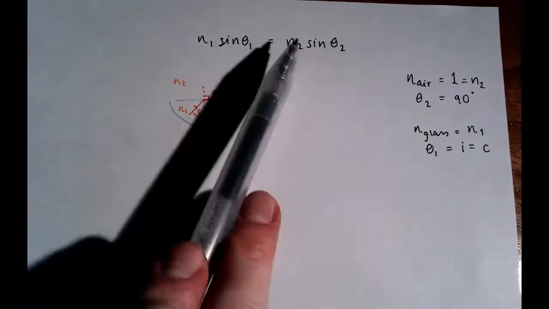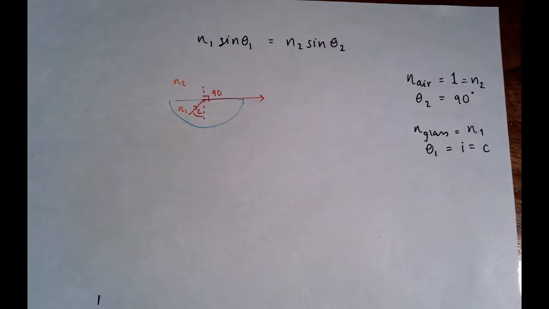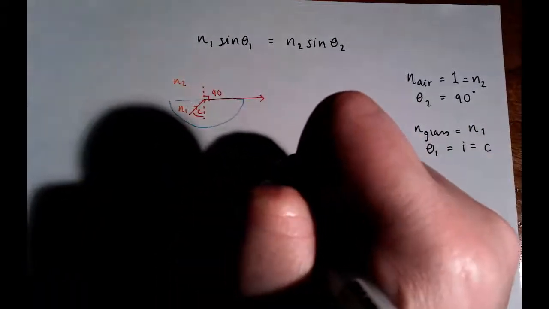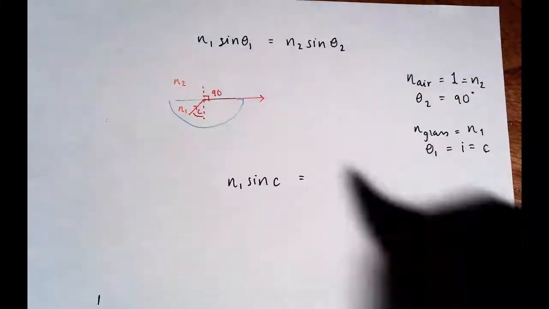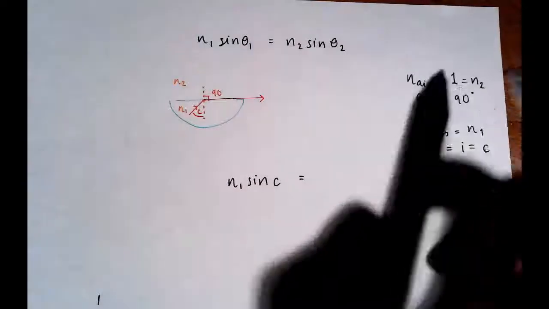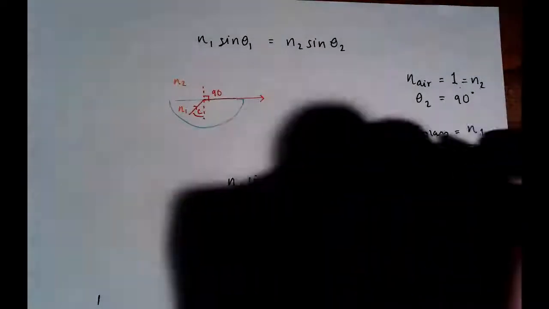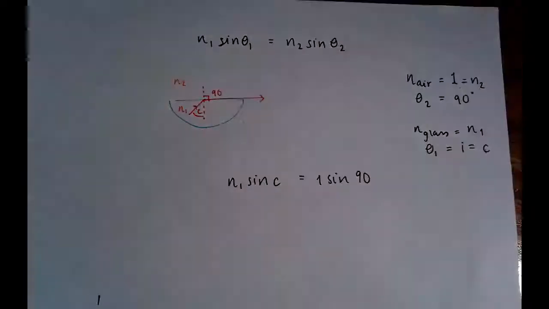I'm going to sub these things into Snell's law. So I've got n1 sine theta 1, which is C, equals n2, which is 1, sine theta 2, which is 90.